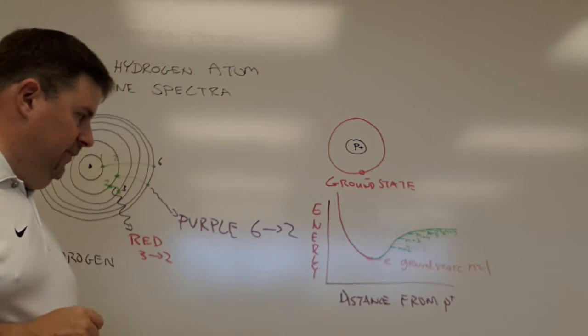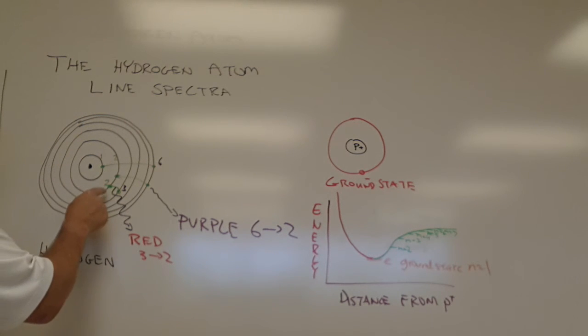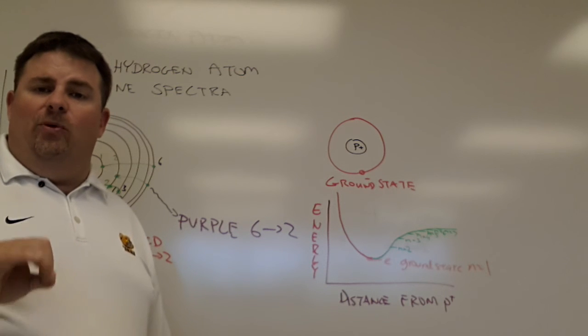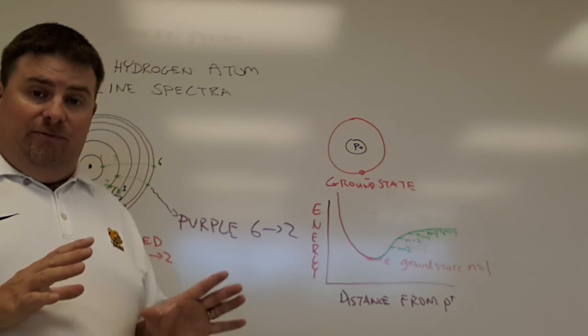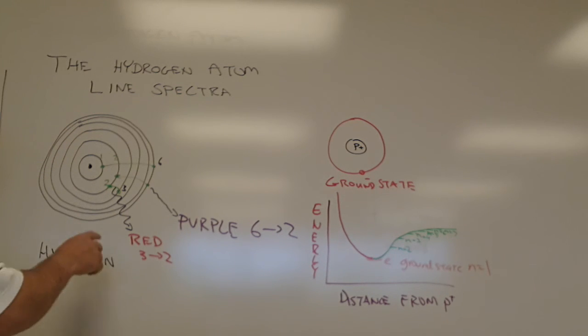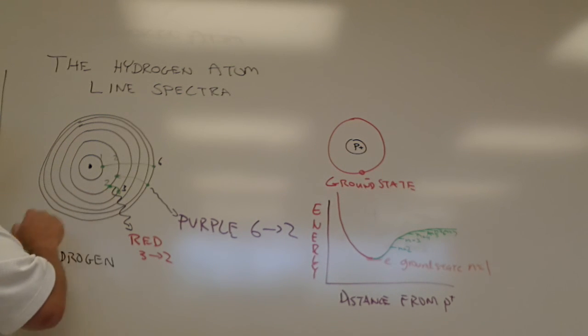The electron has to be displaced by specific quantized amounts, and quantum just means a set amount, a specific quanta of energy. Okay? I can only move the electron from 2 to 3 if it absorbs the amount of energy required to move it from 2 to 3. Okay? So a specific wavelength of light is going to be the only thing that moves the electron from level 2 to level 3. A specific amount of energy is going to move 2 to 4 and 2 to 5. All right?